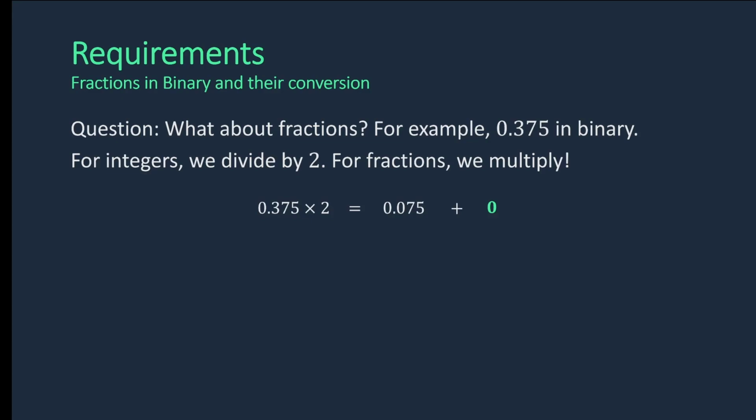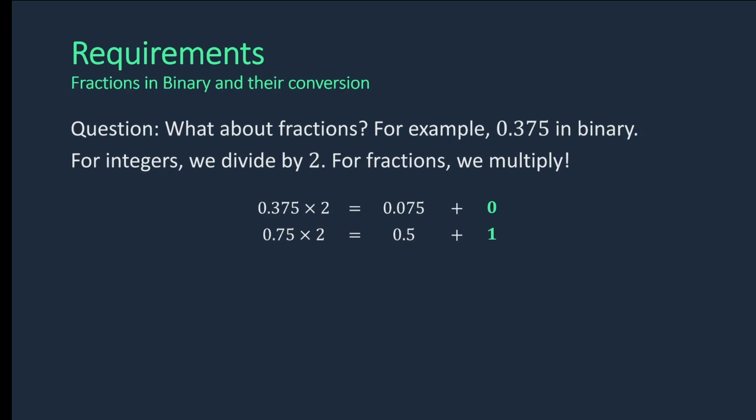So what I mean by multiplying, well, we want to represent number 0.375 in binary, so we multiply it by 2, and we get a number plus either 0 or 1 that will be our new remainder. In this case, this number is less than 1, so the remainder is simply going to be 0. Now this time we're going to multiply 0.75 by 2, we get 1.5. So this time we're going to split this number into 1 plus a half.